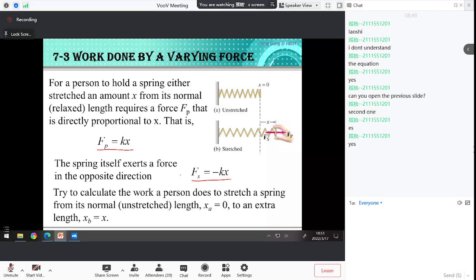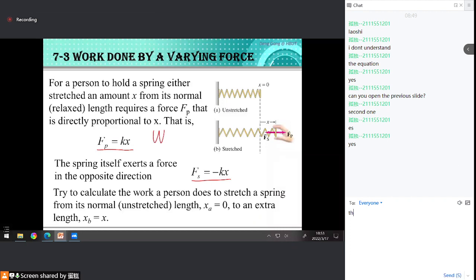So that's why here, the work done by the person, the work done by this force, this is the Fx, right? So Fpx dx, integration starting from 0 to x. We substitute this equation in here.